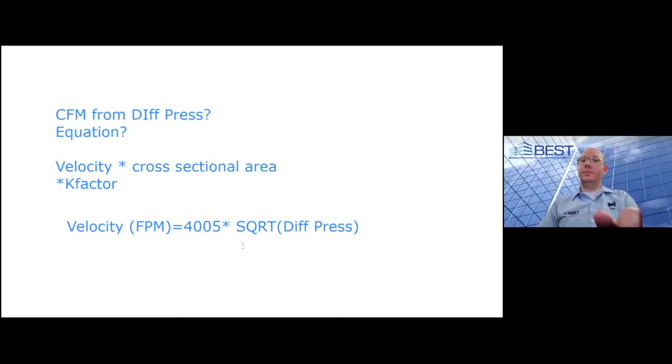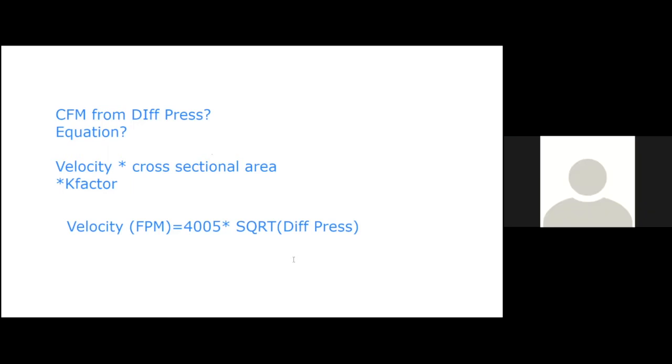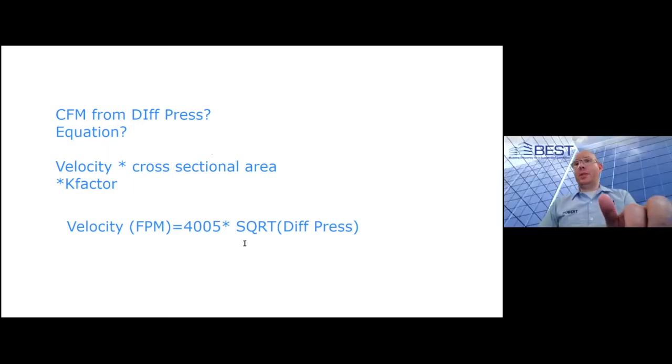You can actually derive that by taking some measurements. Fantastic. Thank you, Hadley. For the purposes of this workshop, even though it is the incorrect equation, I'm going to push forward with this 4,005 number, just because it's easy. It's not correct. I'll acknowledge that, but just to keep us moving forward.